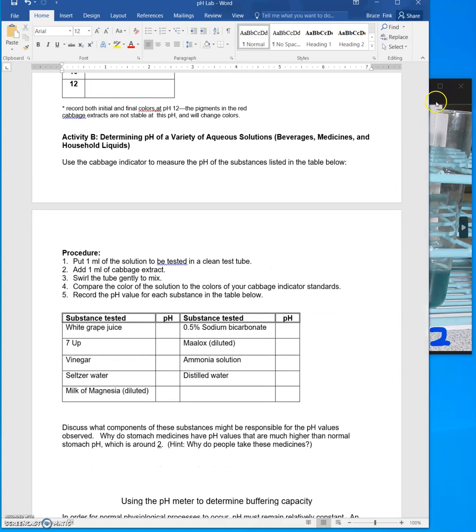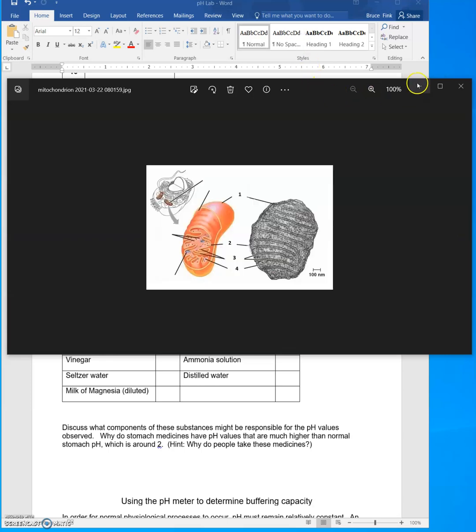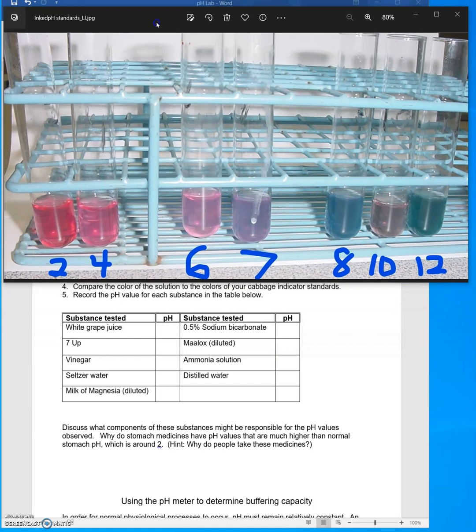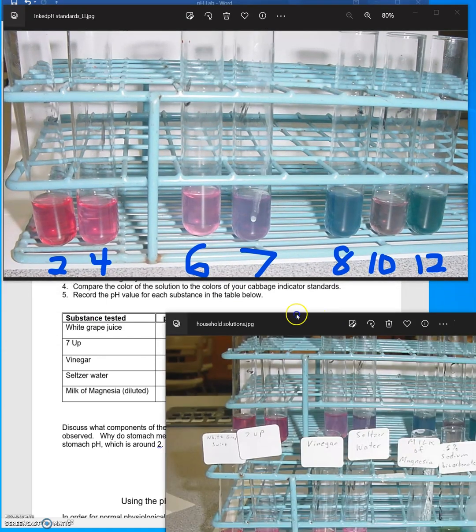And what you need for these, you need the rack of, sorry about that. I hit something that I shouldn't have. I'm going to pull this up and come over here.